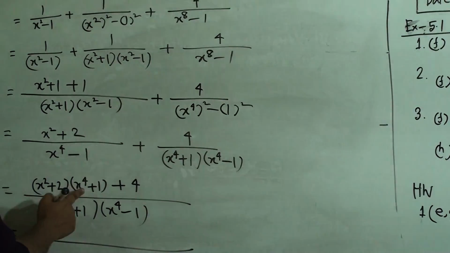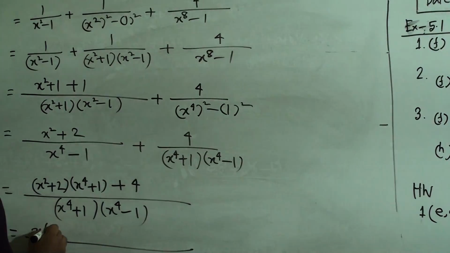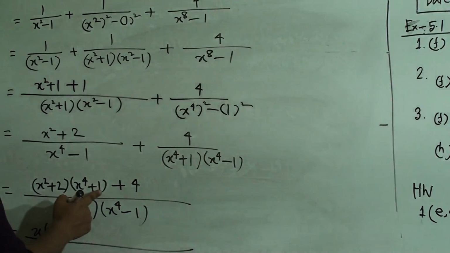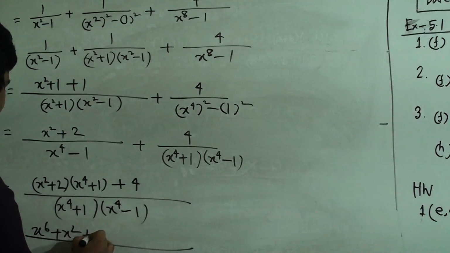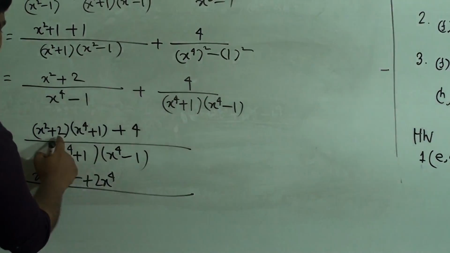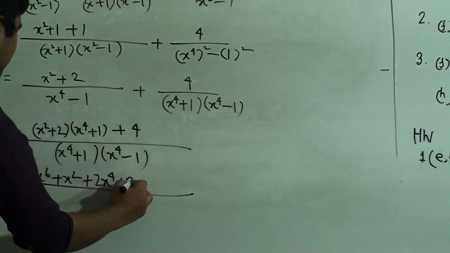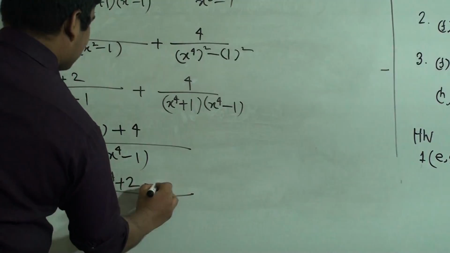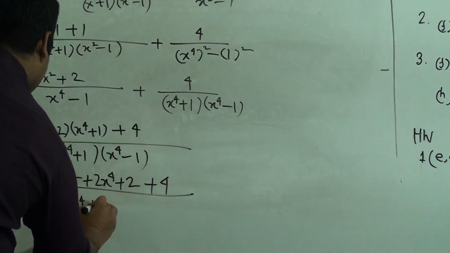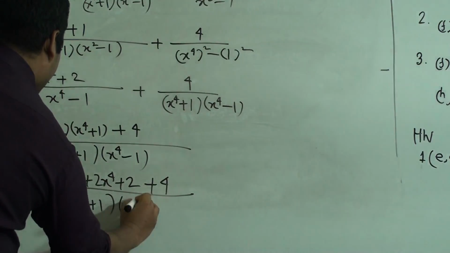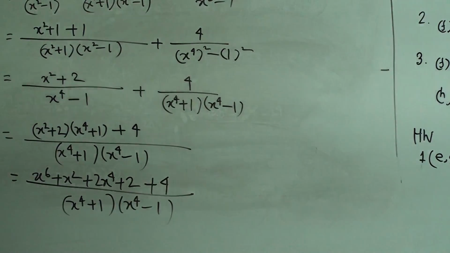X square, x to the power 4, that means x to the power 6, plus x square multiply 1, then x square. 2 is multiplied with x to the power 4, then 2x to the power 4. 2 ones are 2, and this plus 4 is written here. After that we write x to the power 4 plus 1 and x to the power 4 minus 1.